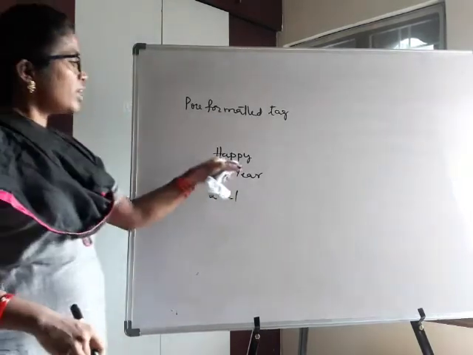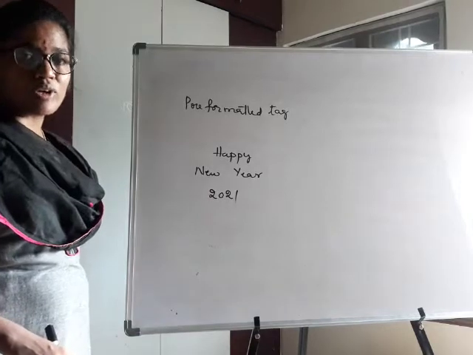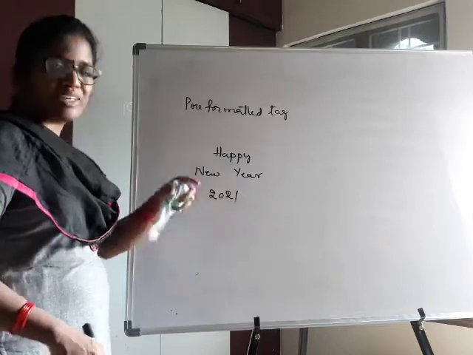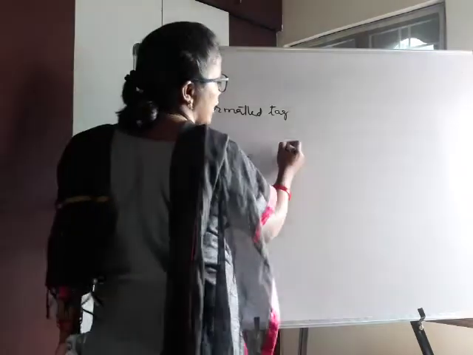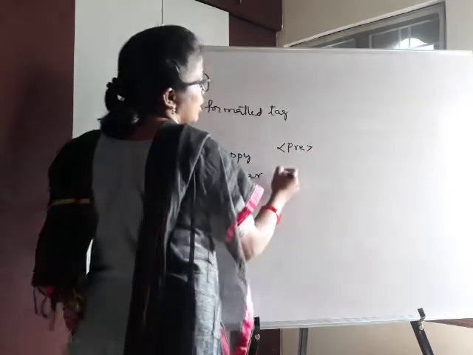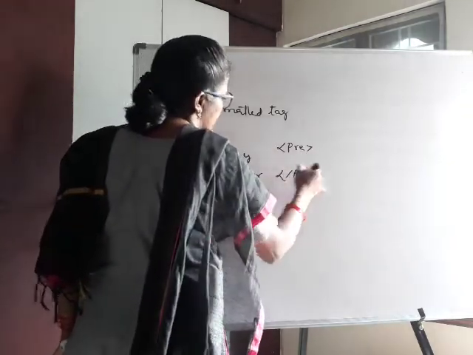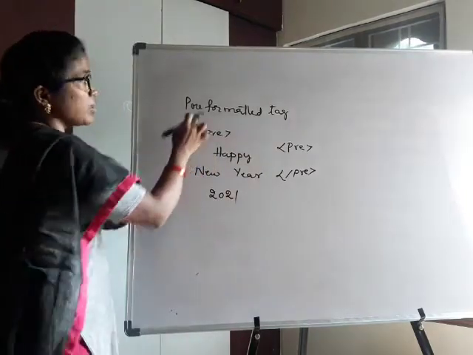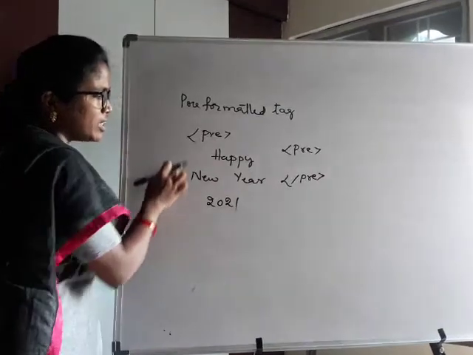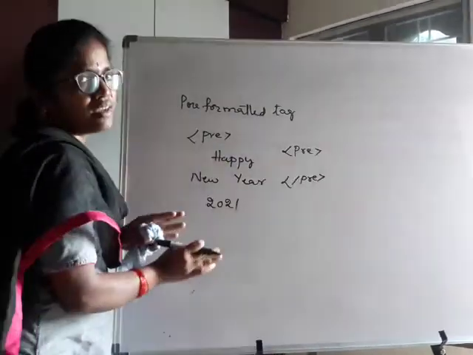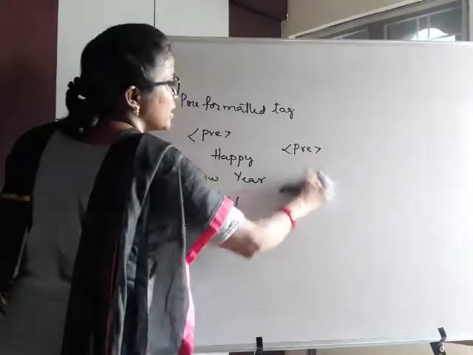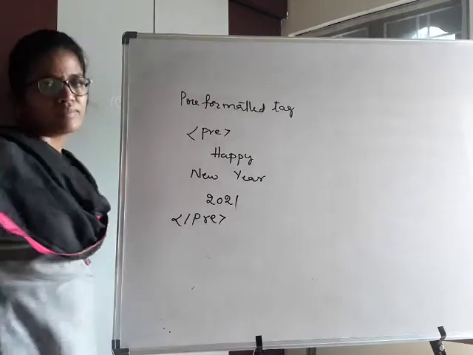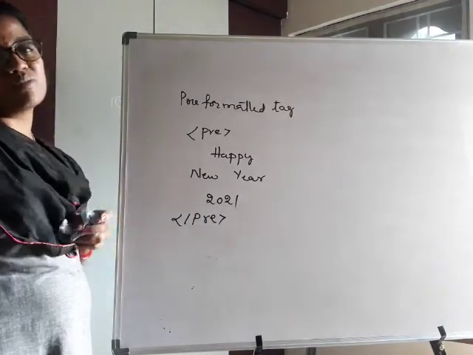If I want to display the same thing on the screen, happy new year 2021, I have a tag called pre, and it definitely has a close tag. Pre is nothing but a preformatted tag. Whatever I write in between the two tags, the same thing will appear on the screen.